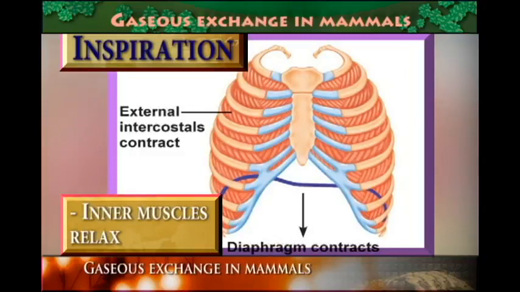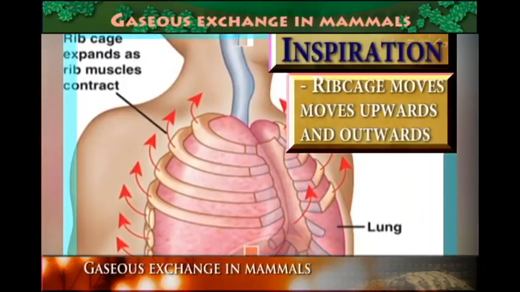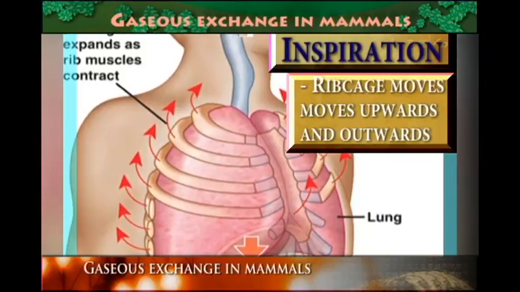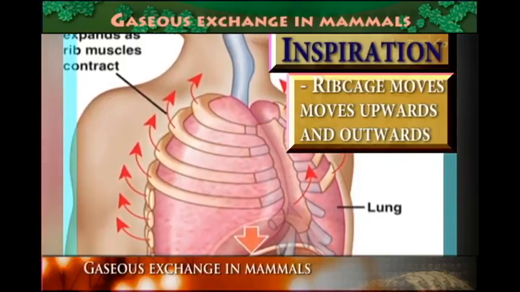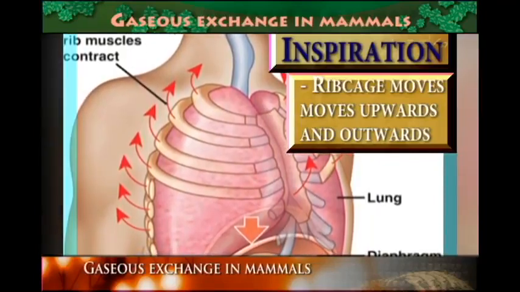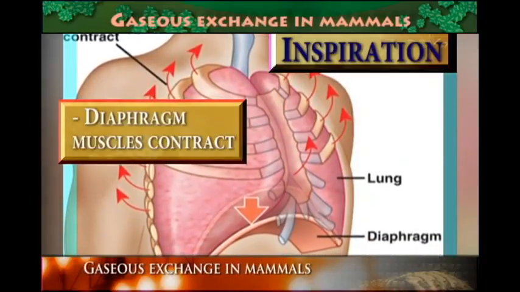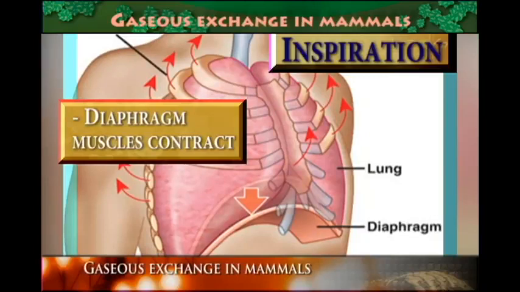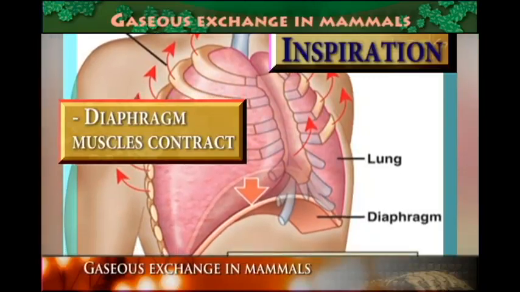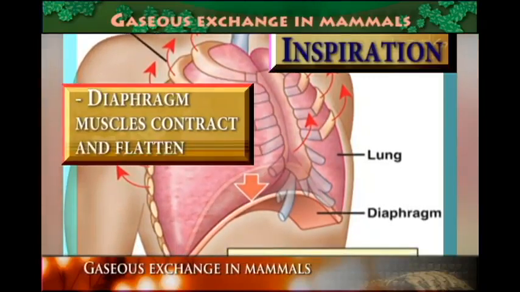In the process, the rib cage is pushed upwards and outwards. When the rib cage is pushed upwards and outwards, the diaphragm muscles also contract, and the diaphragm loses its dome shape.